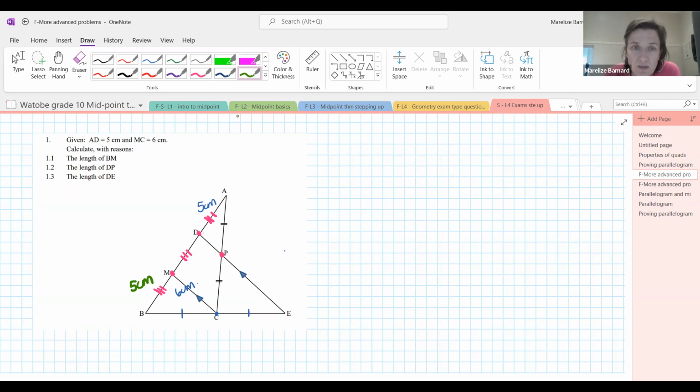Yeah, DP is 3 centimeters because now DP is going to be half of NC. So that's right. And then lastly, what will DE be? DE, I think someone gave it right at the start already. But put your answer there if you know what DE is equal to. Emmanuel said it was 12. Good.